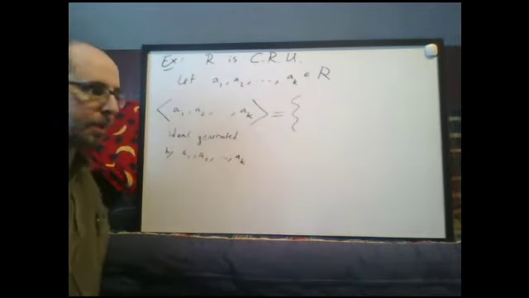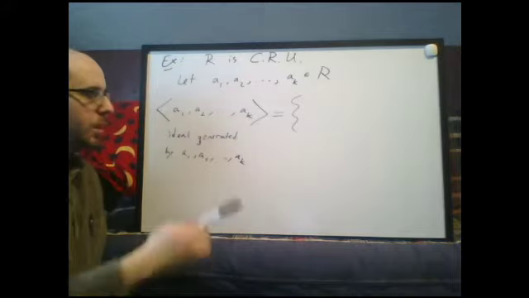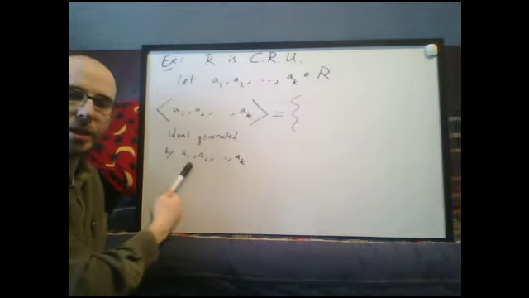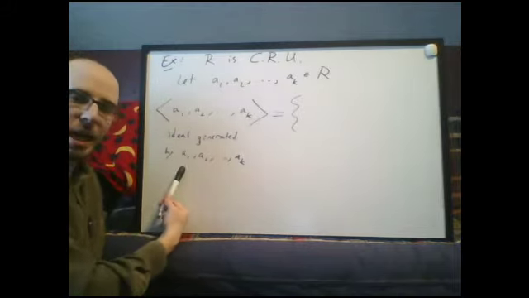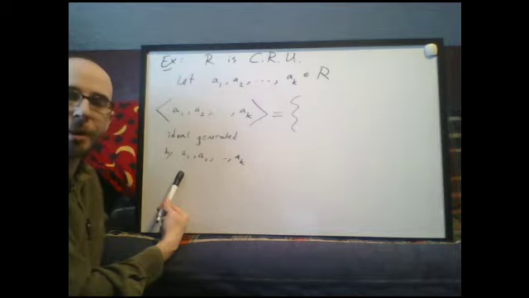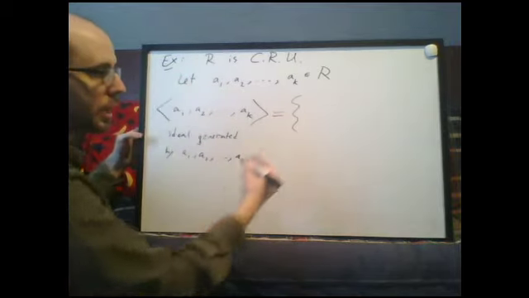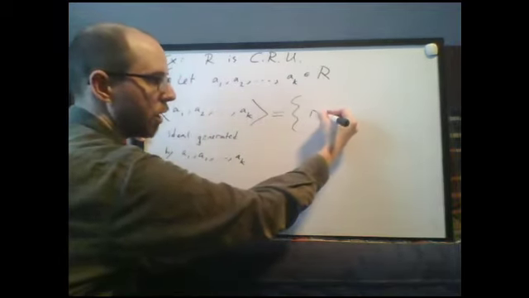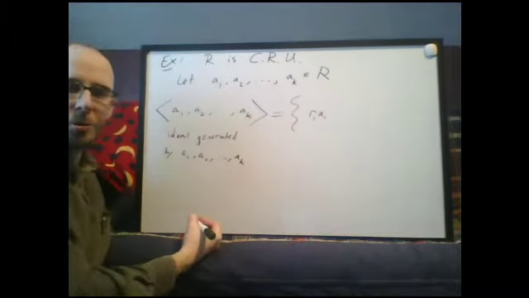Okay, so let's just think about what it needs to be. If it's going to contain each of these elements, so if it's going to contain A1, it has to also contain every multiple of A1. So everything I can get by multiplying by A1. So it has to contain everything of the form R1, A1. I'm going to need more than one R here.